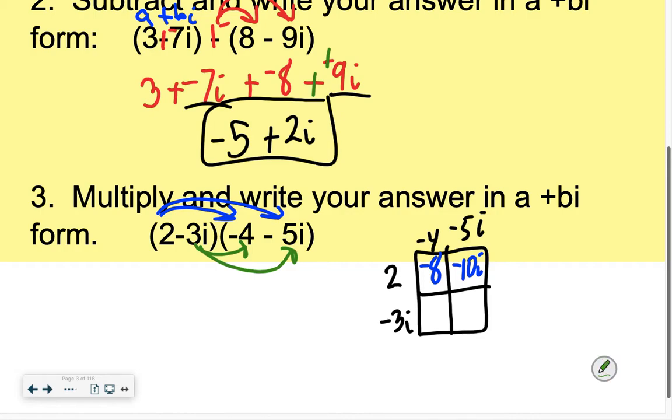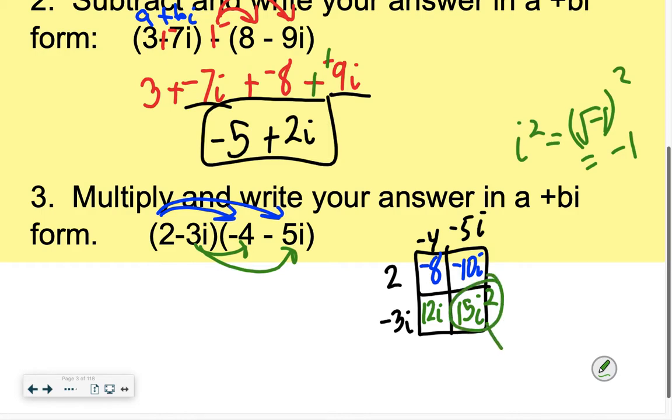Negative 3i times negative 4 is 12i. Negative 3i times negative 5i is a positive 15i squared. Now this is another big thing that we have to remember. i squared is square root of negative 1 squared, which is negative 1. So the value of i squared is actually a real number, negative 1.